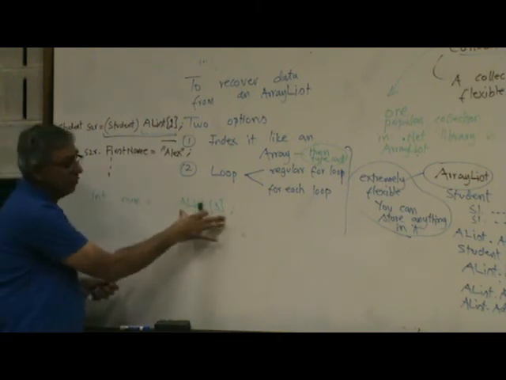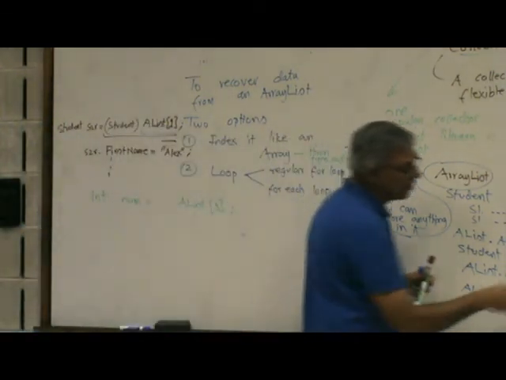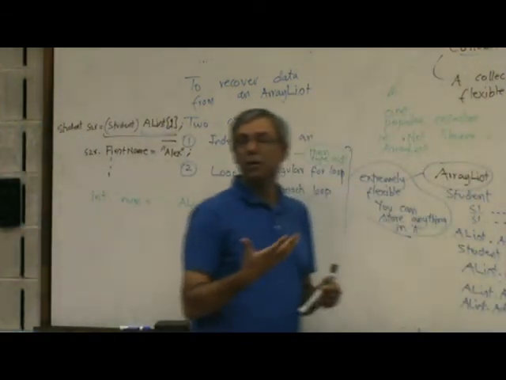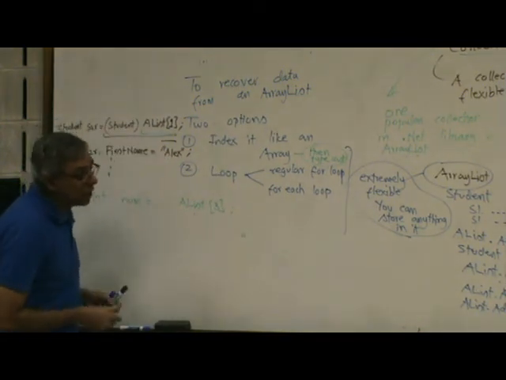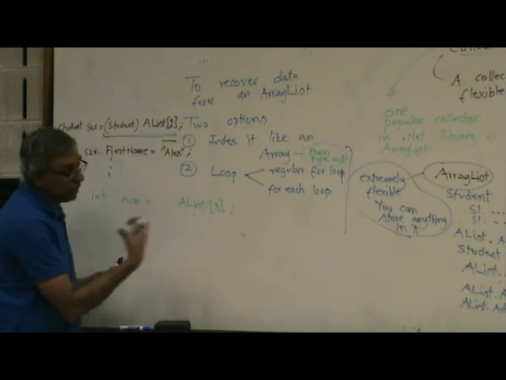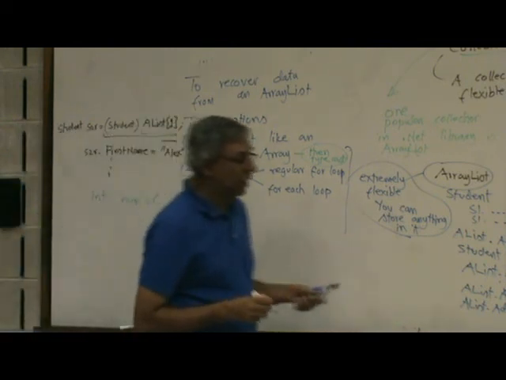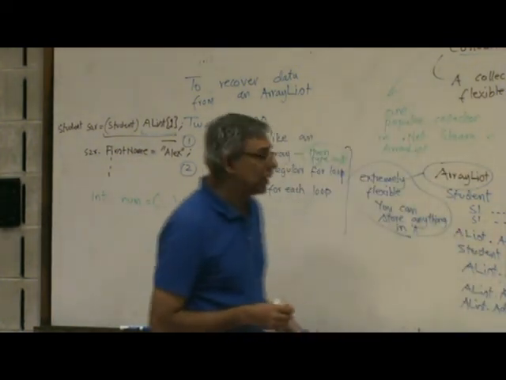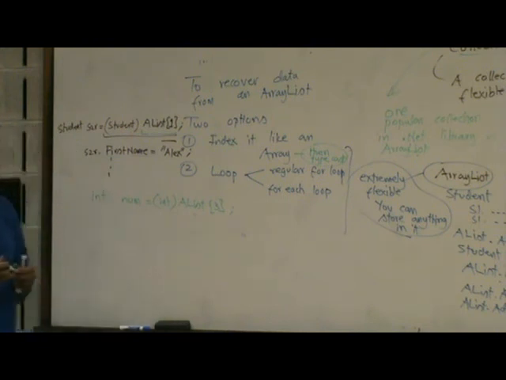Int. What's the data type of the right side? Object. Remember, anything that goes into the array list becomes an object. Because it's an object, if we wanted to recover the data, we have to typecast it to the same data type that we have stored over here. So you will say int over here, and then you'll be able to read it.